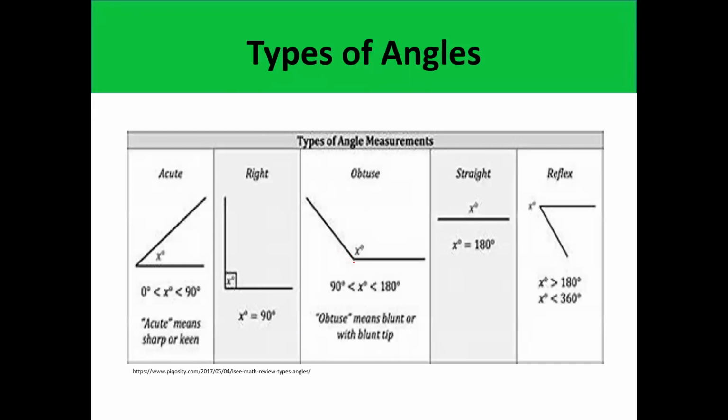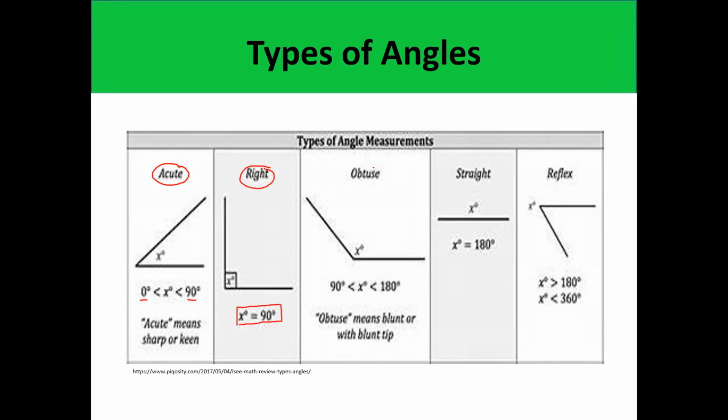Now, there are several types of angles. An angle is said to be an acute angle if its measurement is between 0 degrees and 90 degrees. It is a right angle if its measurement is exactly 90 degrees.